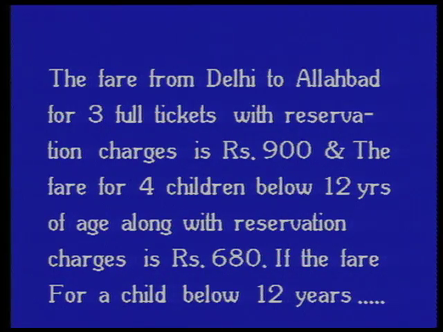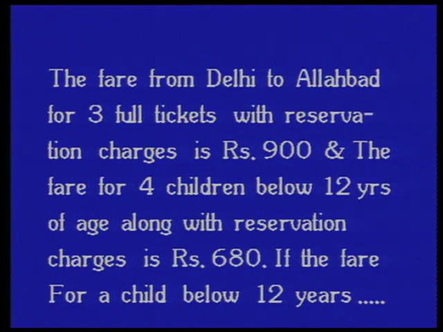The fare from Delhi to Allahabad is 900 rupees for 3 full tickets with reservation charges, and for 4 children below 12 years of age along with reservation charges, it is rupees 680.